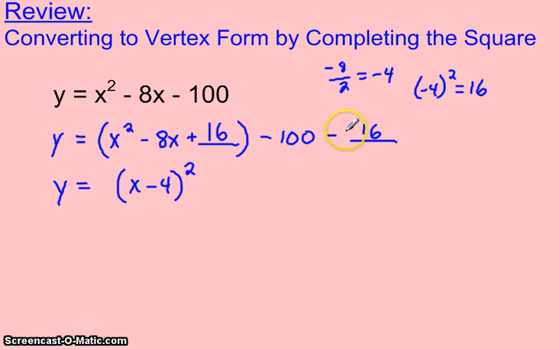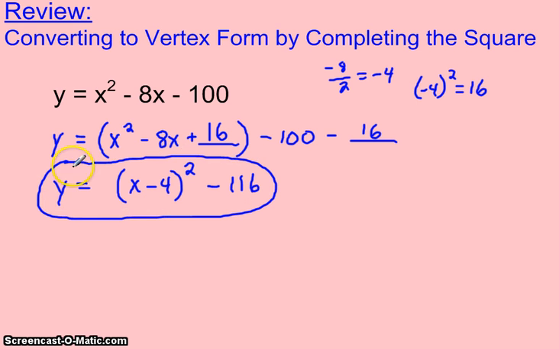Minus 100 minus 16 would be negative 116. So there is our completing the square, putting this in vertex form. We know this is a parabola with a vertex at the coordinates 4, negative 116, and we're good to go.